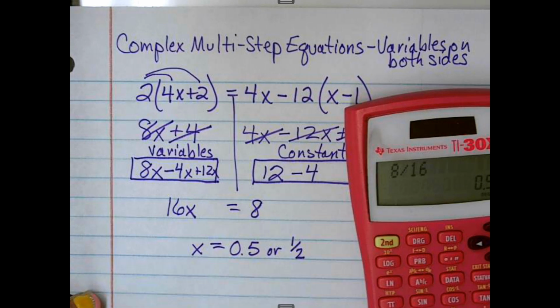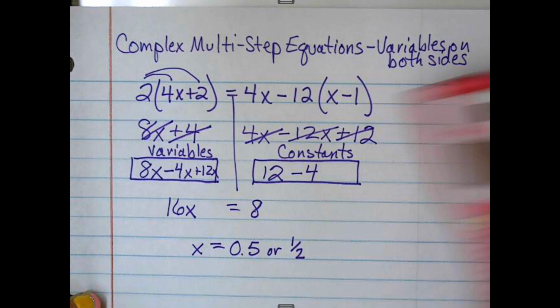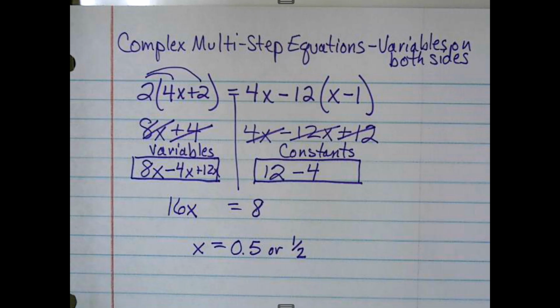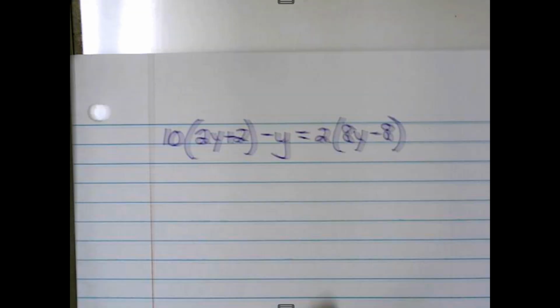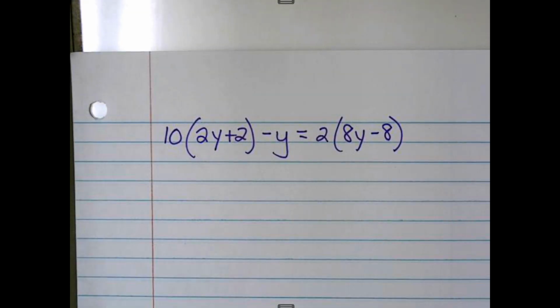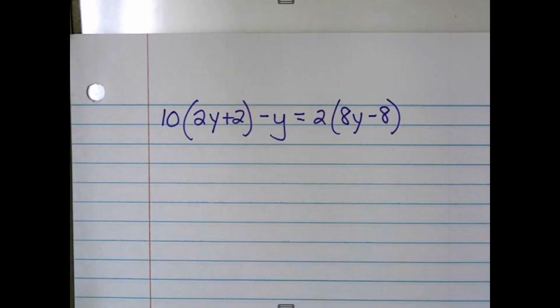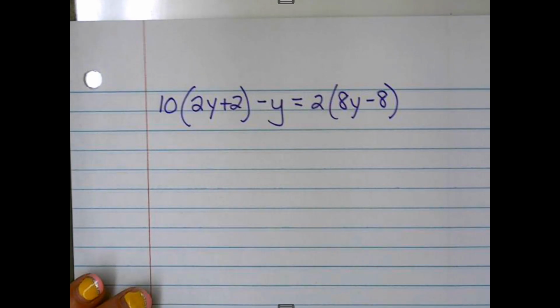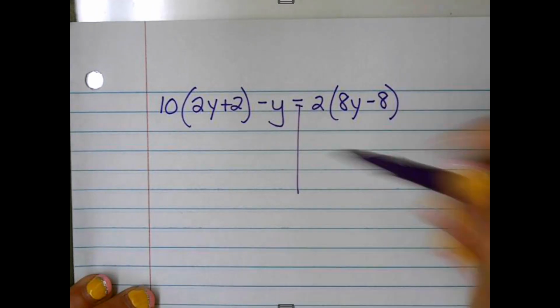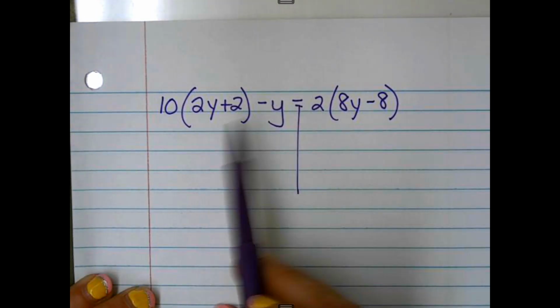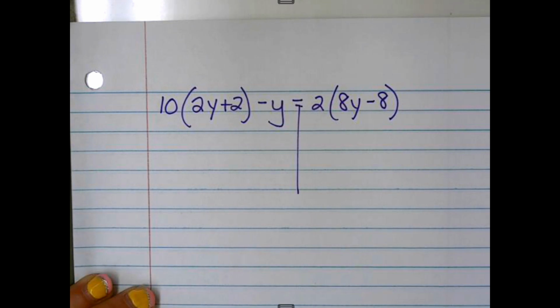Second one, and again, if you need to pause to get it written down, feel free to do that. So I'm going to go ahead and get started on it. Again, we have grouping symbols, so we need to get that taken care of first. If you look at your flip book, that's the very first thing it asks you. Are there grouping symbols?